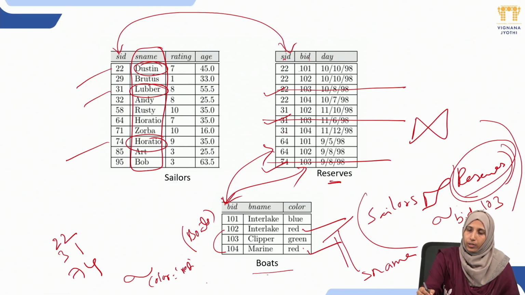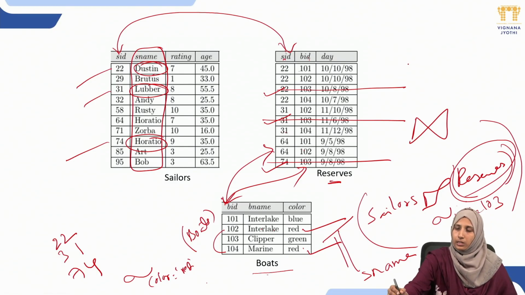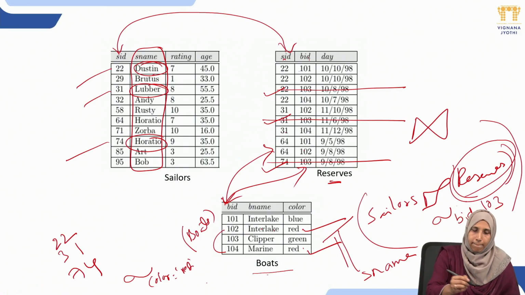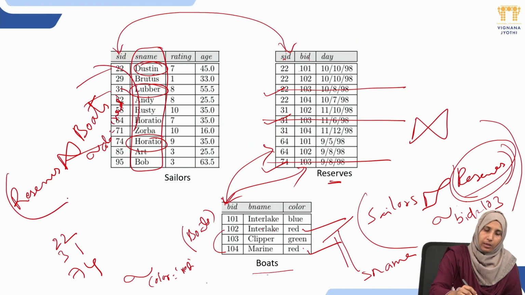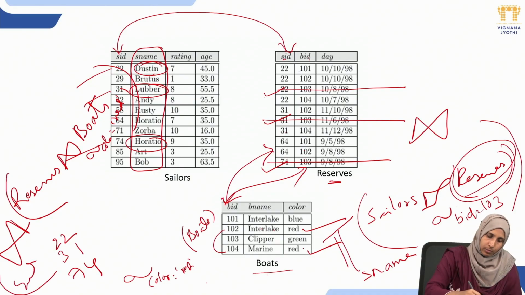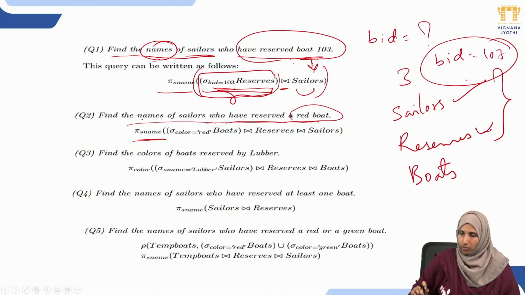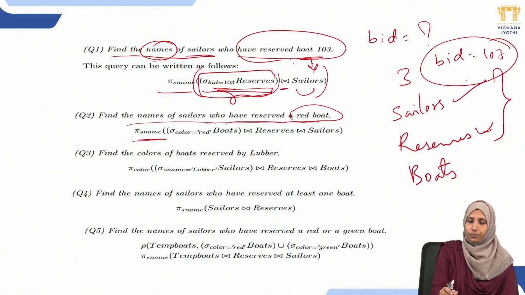Again you apply a join operation between the reserves table and the boats table with the condition color equals red. Upon this whole table you apply a join operation with sailors. Upon this whole you project this one. See, the same way they have done.